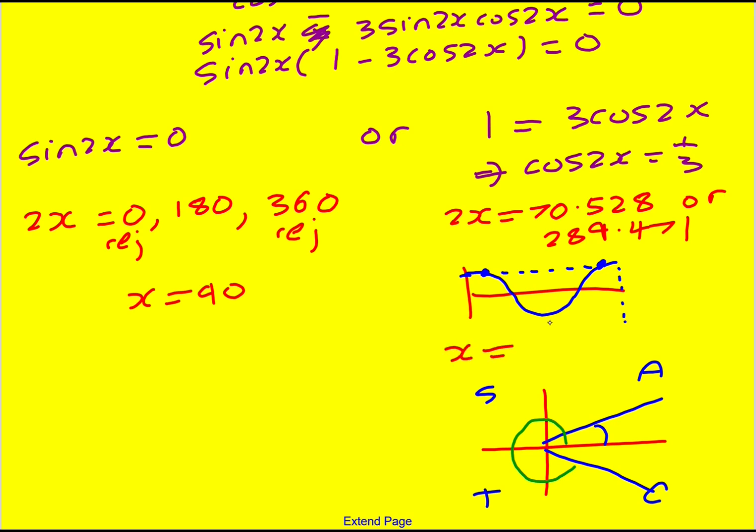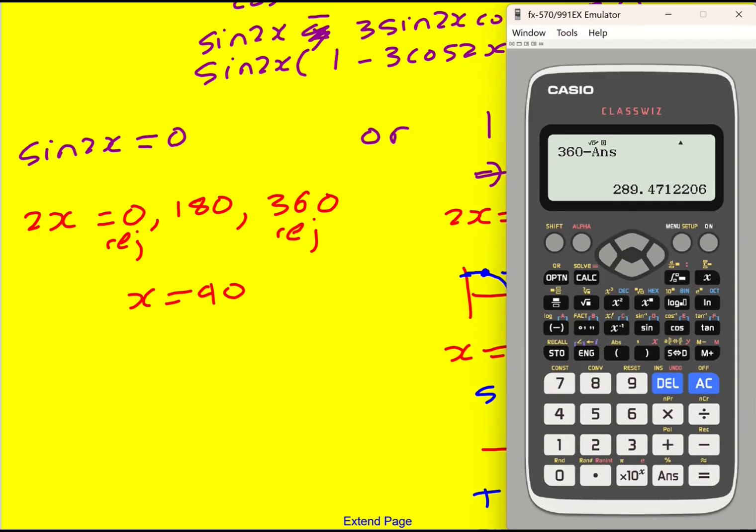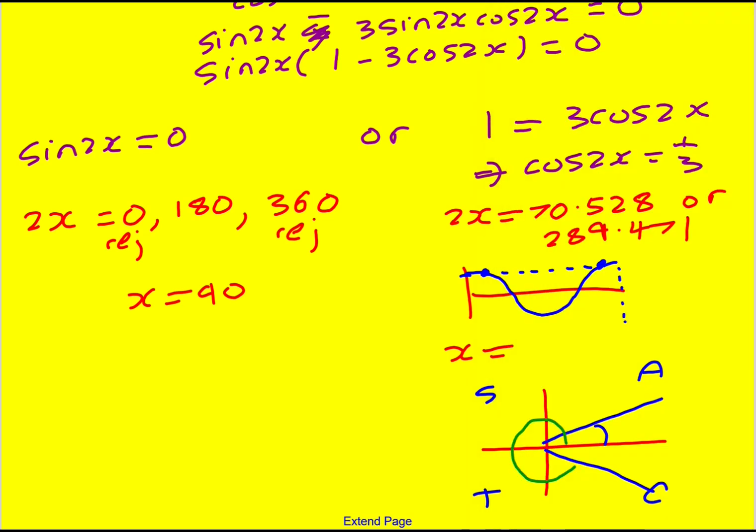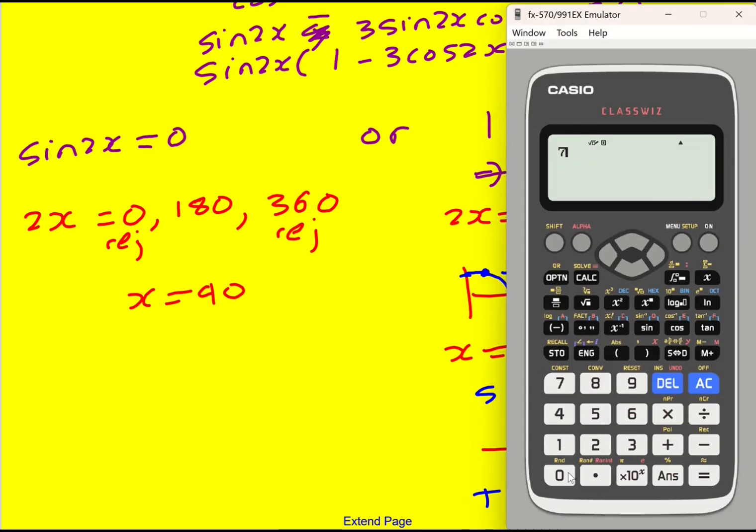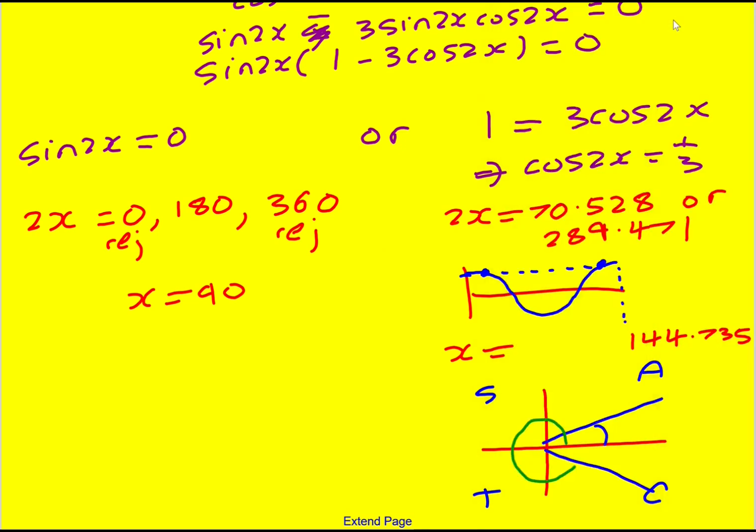Okay, now I just need to divide through by 2. So since I've got it here, I'll just divide that one by 2 first. 144.735. I would advise getting all the solutions to 2x before you start dividing by 2, on this side anyway. 70.528 gives 35.264.